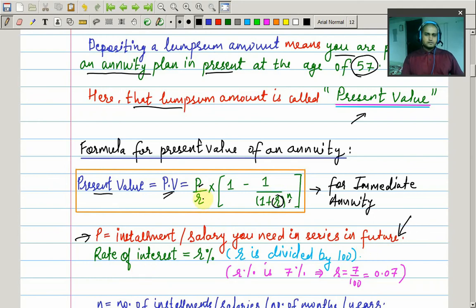What is this R? This R is the rate of interest, R%, and we usually divide it by 100.